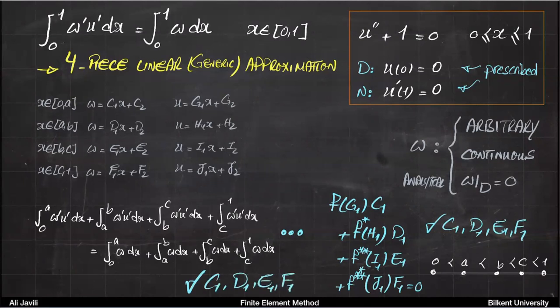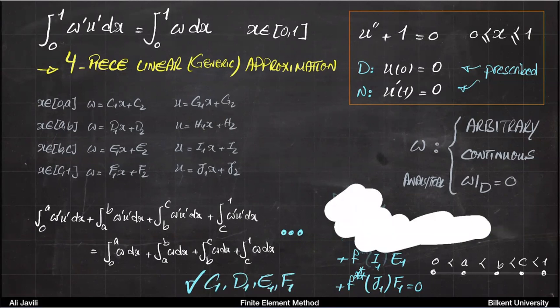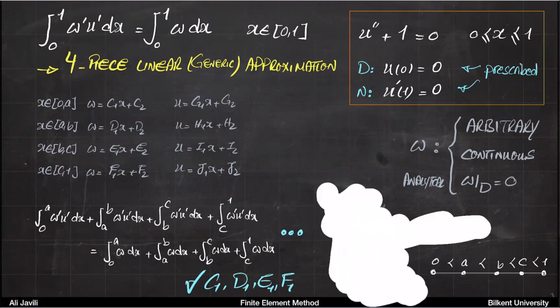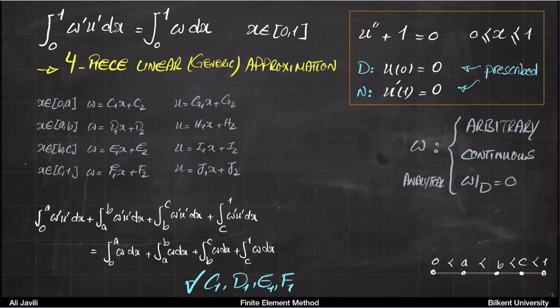And if you play that game, you can calculate the coefficients, and they will be as follows. G1 would be 1 minus 1 over A. H1 would be 1 minus 1 over A plus B.